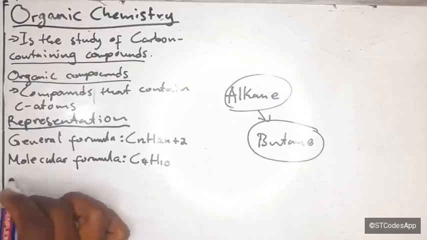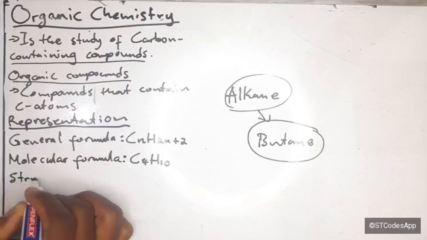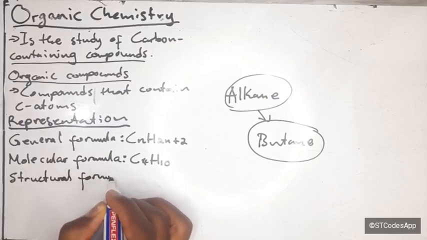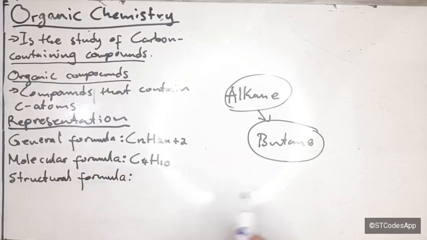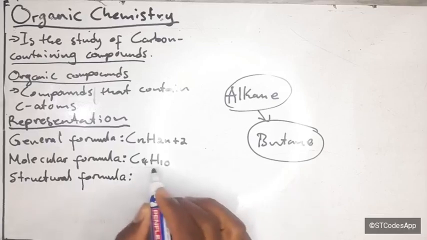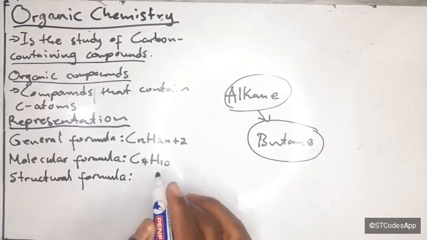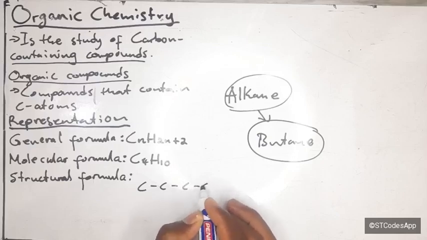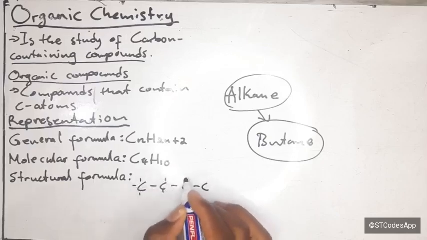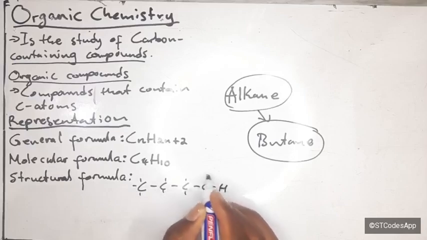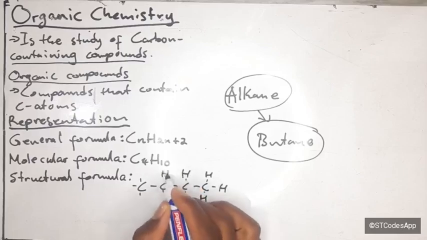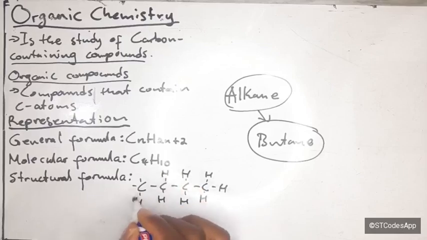Then there is the structural formula, my favorite. For butane, it has 4 carbon atoms, so it's going to be like this. There.